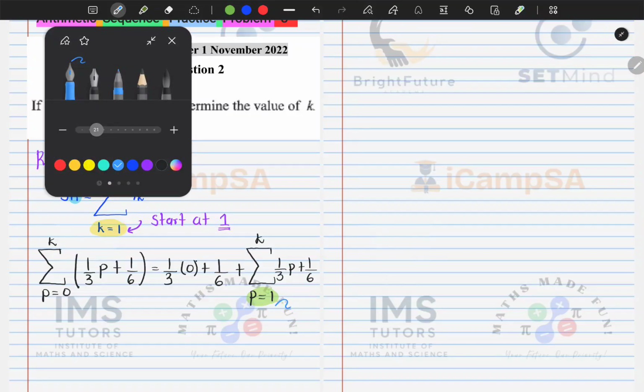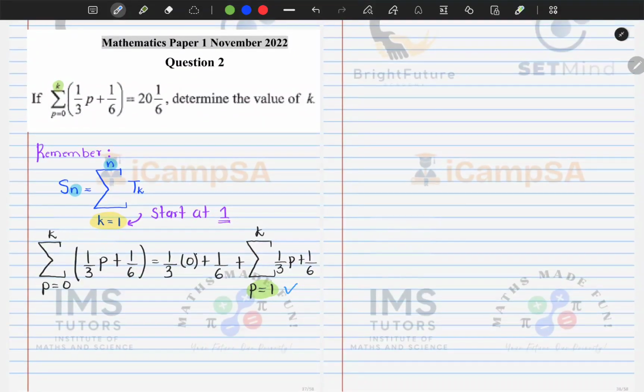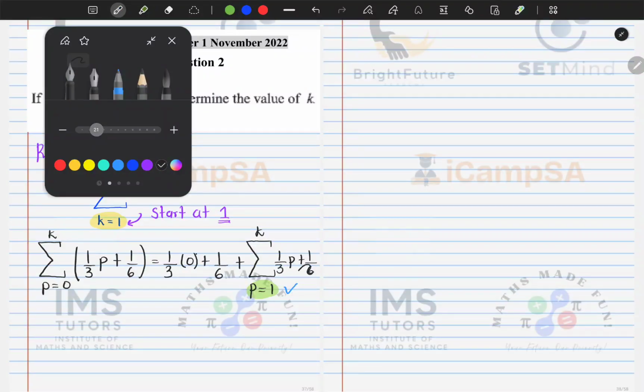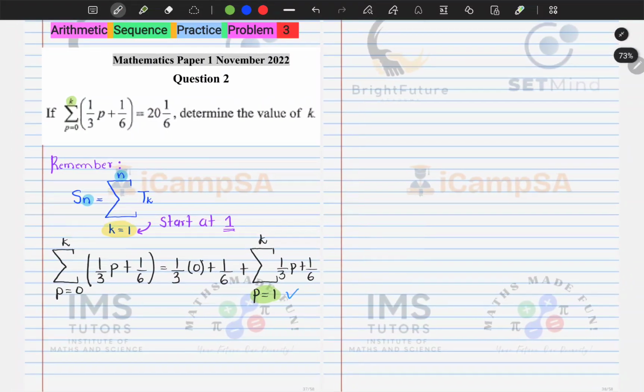because we can now, if we want, use the summation formula. And remember, what sits there is actually tk. So what you should see is that our Tp, our formula, is what sits there. So it is that 1 over 3p plus 1 over 6. Okay, so that is what we have. So essentially our sum will be given by that.